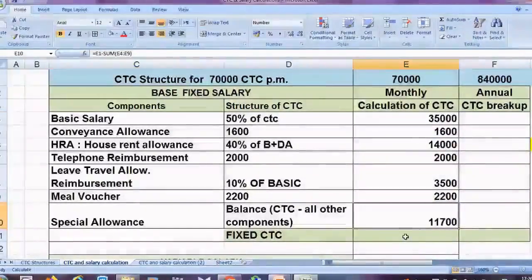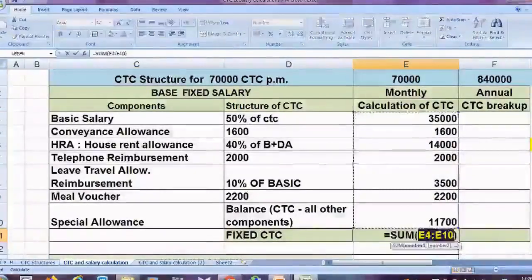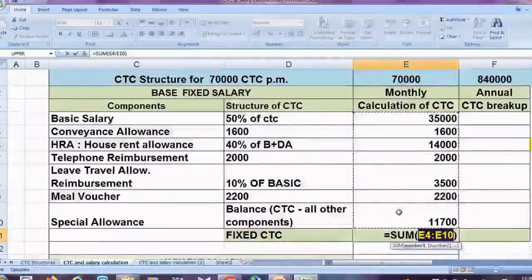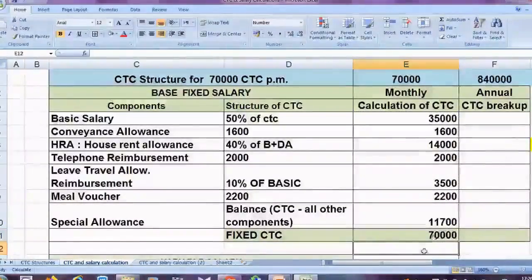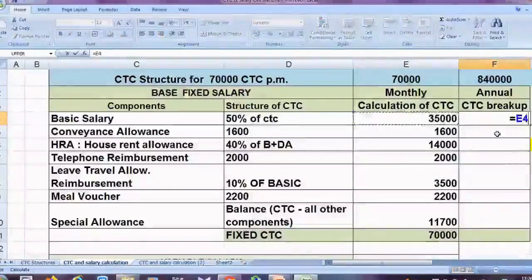Now let us total up all the components and check. It should be 70,000, which is your CTC. So when you total all the components, it should come up to 70,000 or whatever the amount of the CTC given to the employee. So just by multiplying by 12, you will get the annual amount. So the monthly amount into 12.